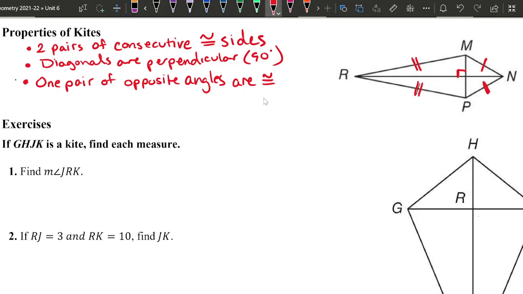When I say axis, it's the short diagonal. You have a short diagonal and a long diagonal. The short diagonal is where you're going to find the one pair of opposite angles that are congruent. So this one is congruent to this one, not the others. The long way, those do not have congruent angles. It's the short way. All right, so that's your three properties for kites.